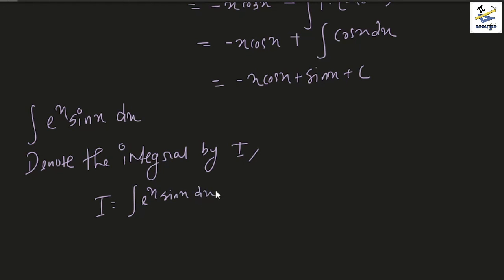Now if you remember in the rule ILATE, E, that is for exponential functions, that came last. So obviously e to the power x is going to be the second function here, and sin x is going to be the first function.